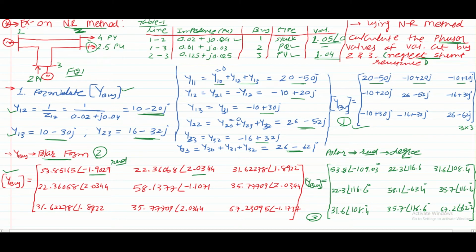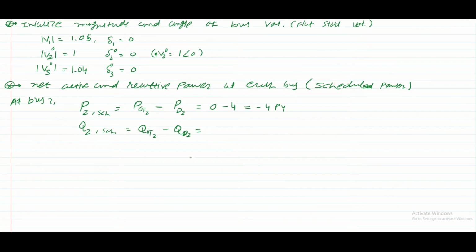Into the network, that means it is supplied or generated. So here generation is not given, minus demand, which is 2.5 per unit. So the answer is 2.5 per unit, which is net reactive power or scheduled reactive power at bus number 2.